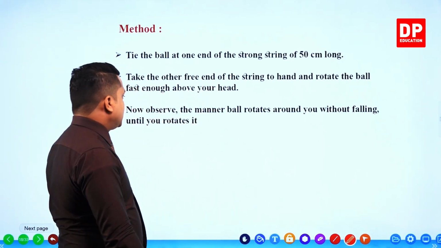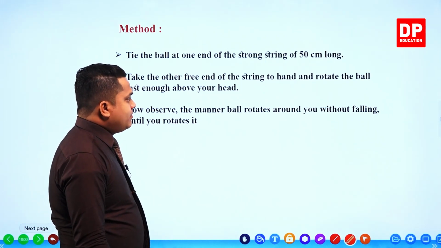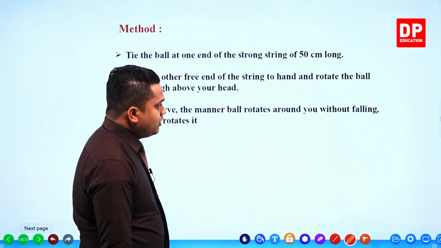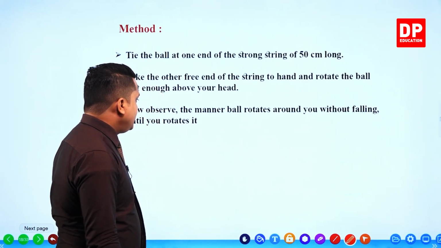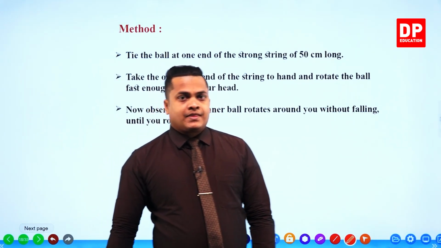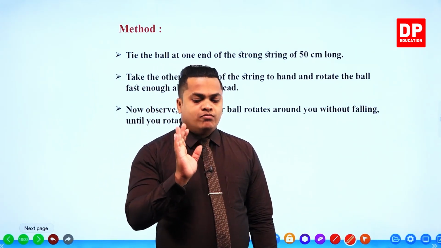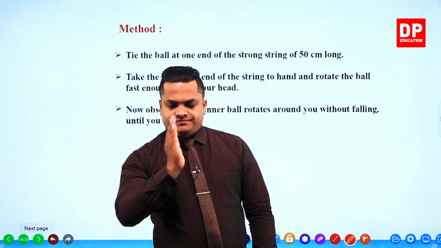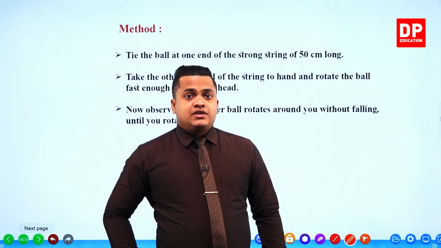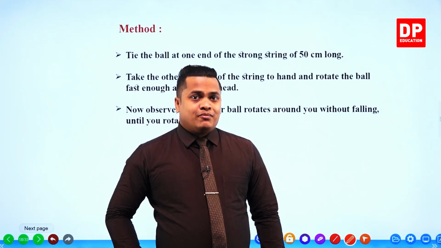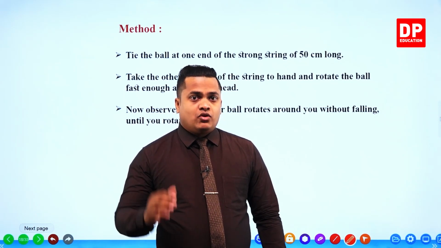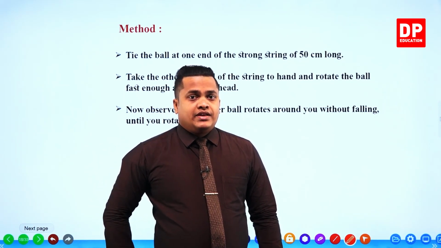Now observe the manner in which the ball rotates around you without falling until you stop rotating it. While you rotate, observe the rotation and see that the ball keeps on rotating without falling or moving to any other place.